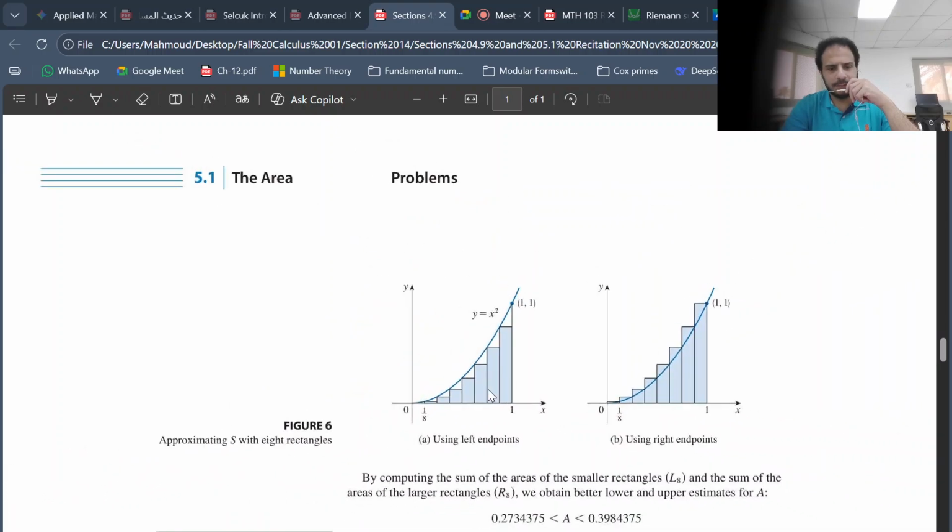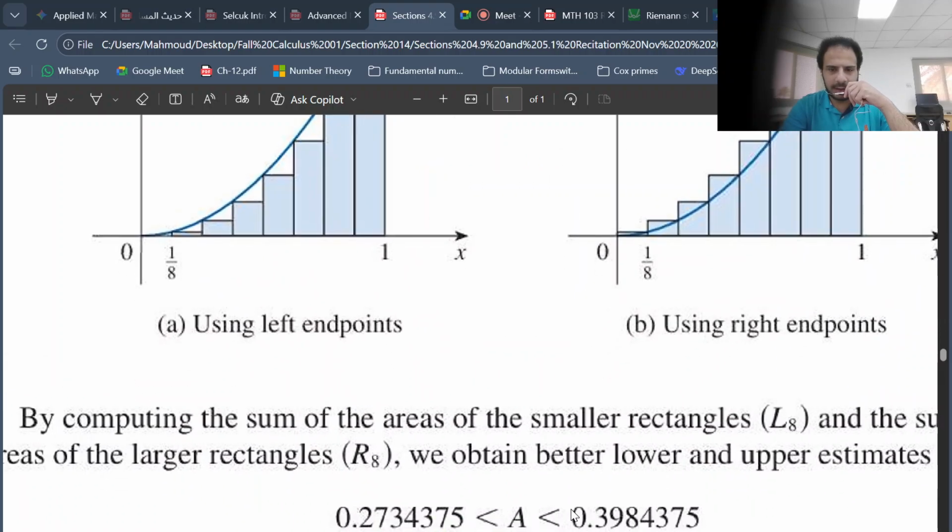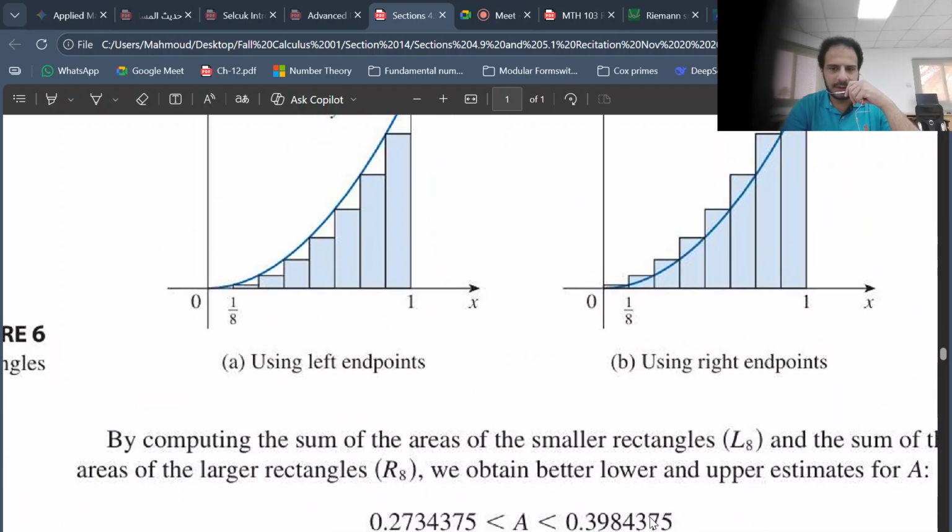Now here you have the exact result. For the right endpoints, you have 0.39 like this, and for the left endpoints, you have 0.273 like this. The area is between them.